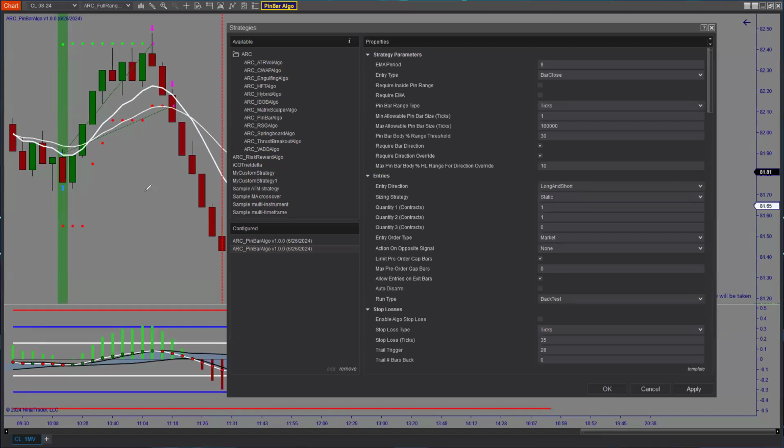So what this means, let's say you have the override turned on, and that means you're going to require bar direction. But what if this bar is like, the open and the close is exactly the same? Do you want to allow that as an exception to that rule? So this is the rule.